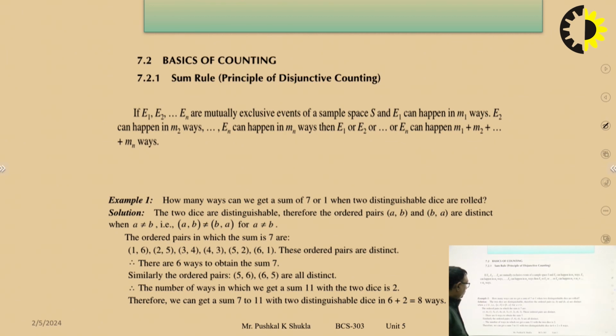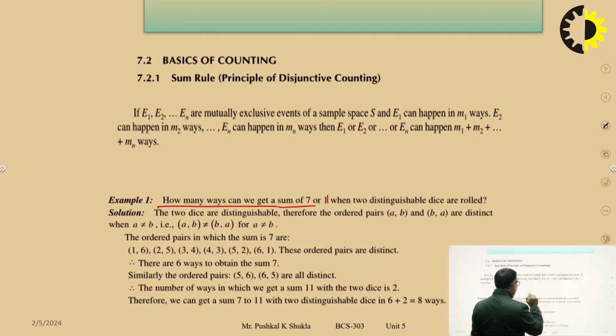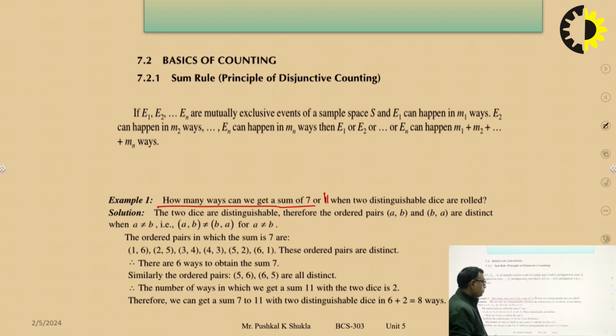Another example: how many ways can we get a sum of 7 or 11 when 2 distinguishable dice are rolled? So 2 distinguishable dice are rolled and the sum is 7 or 11. The ordered pairs for getting sum 7 when 2 dice are thrown are 1 6, 2 5, 3 4, 4 3, 5 2 and 6 1.